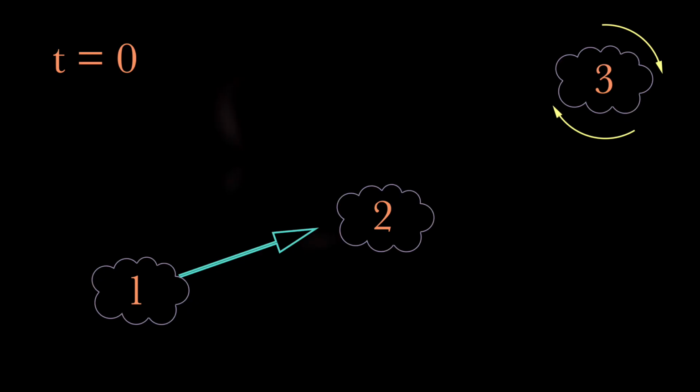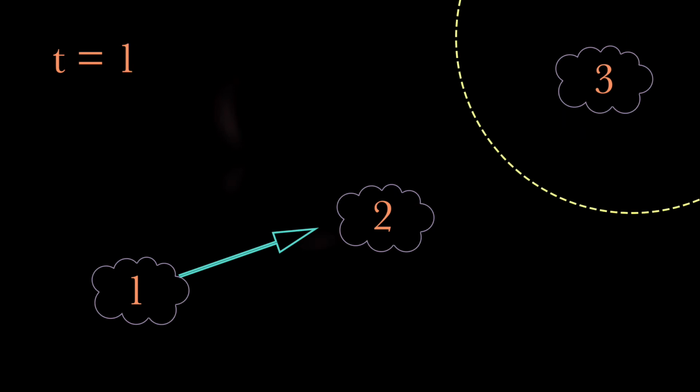Where did the photon come from? It came from another molecule. The molecule may have been a centimeter away or from another galaxy. Look at this sequence of events. At t equals 0, molecule 1 is moving toward 2 as molecule 3 is spinning. At t equals 1, 3 emits a microwave photon and stops spinning.